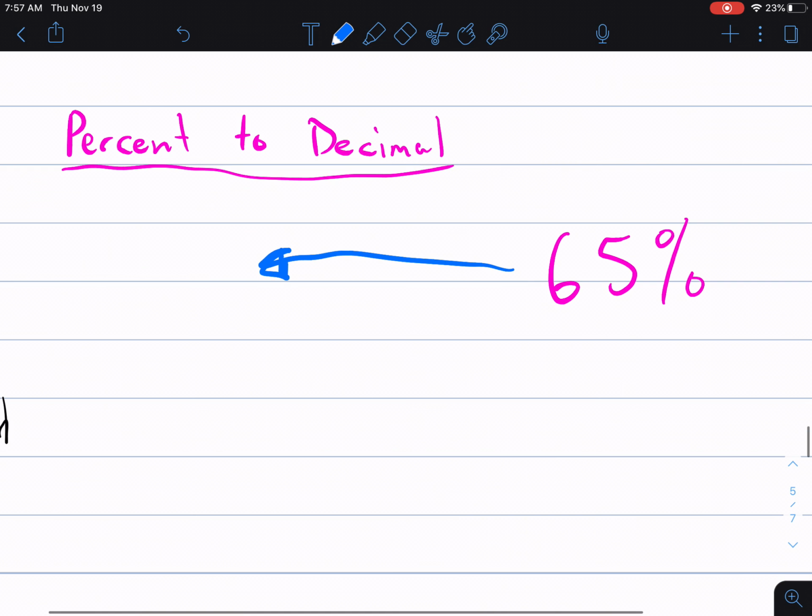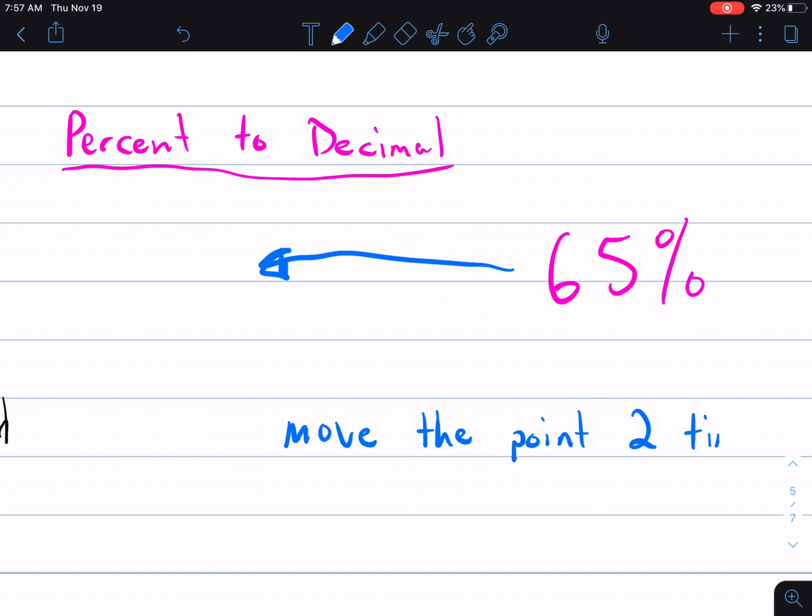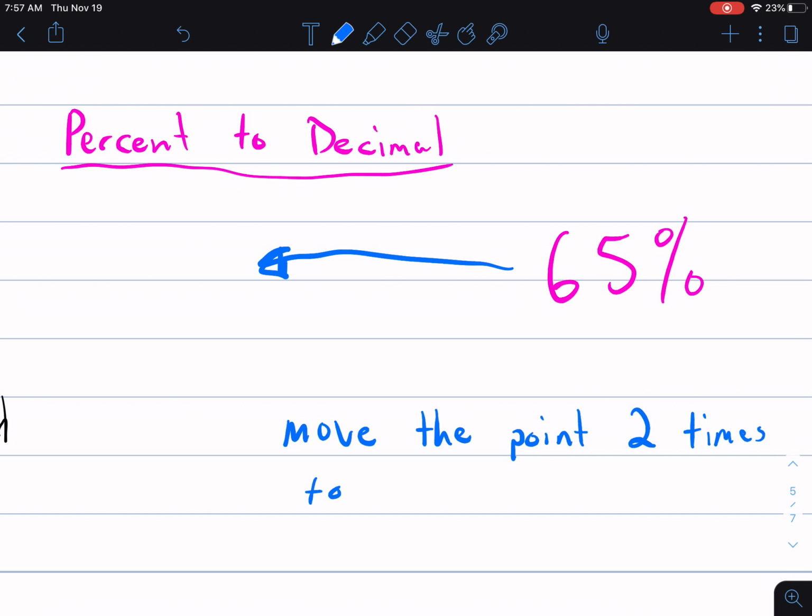You move the point 2 times to the left, a la izquierda. So here is the decimal. 2 times to the left, 2 veces a la izquierda. 1, 2. My decimal is 0.65. Otro ejemplo.